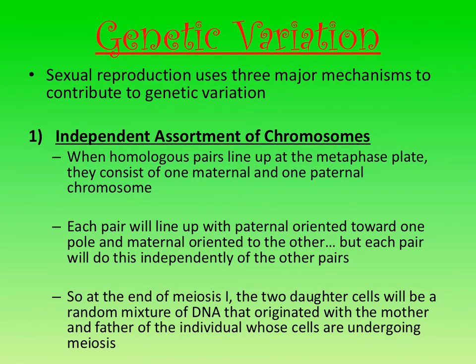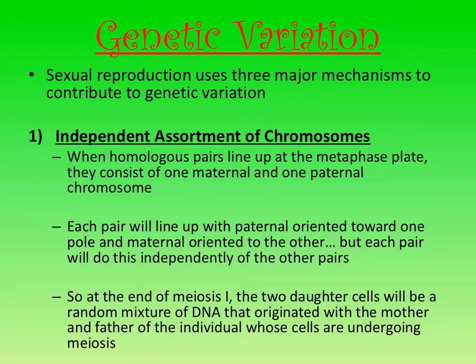So sexual reproduction is going to really use three mechanisms to give you more genetic variation. The first one is called independent assortment of chromosomes. Now we want to be careful because next week we'll talk about Gregor Mendel's law of independent assortment, which is a totally different thing.